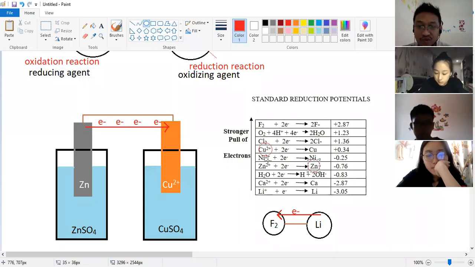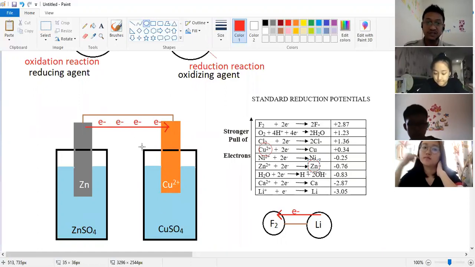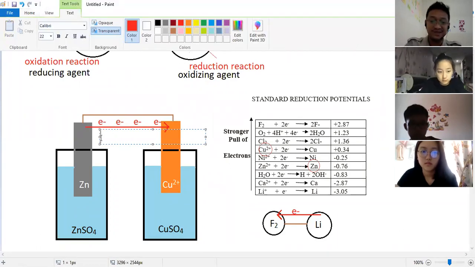Now, in the list, which one is placed higher? Copper. Copper is placed higher because in terms of the reduction potential, copper has a stronger pull of electron compared to zinc. Therefore, in this setup, if they are connected together by a conductor, we expect that electrons will flow from zinc to copper because copper is pulling it, and things just naturally happen. So there is this natural flow of electron.